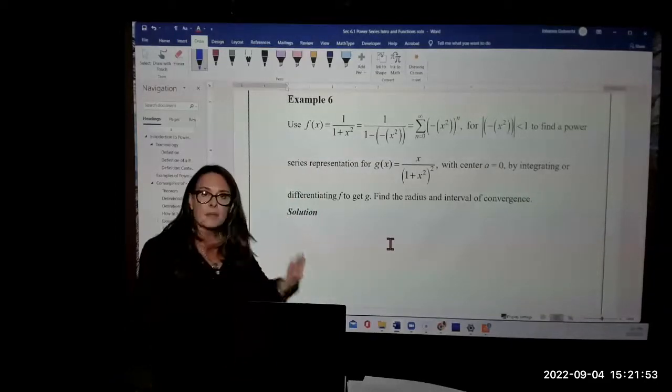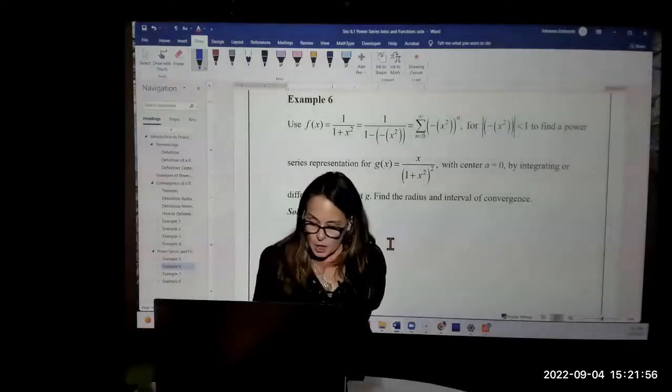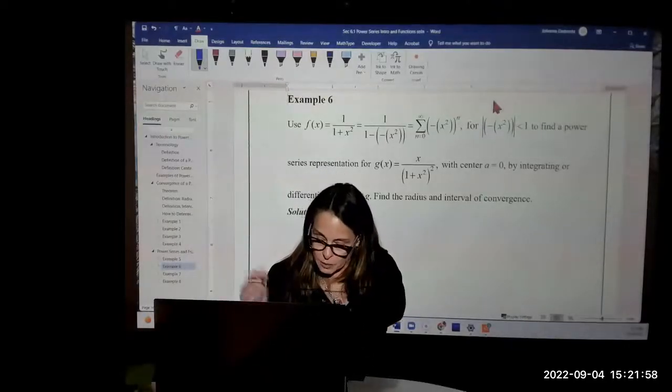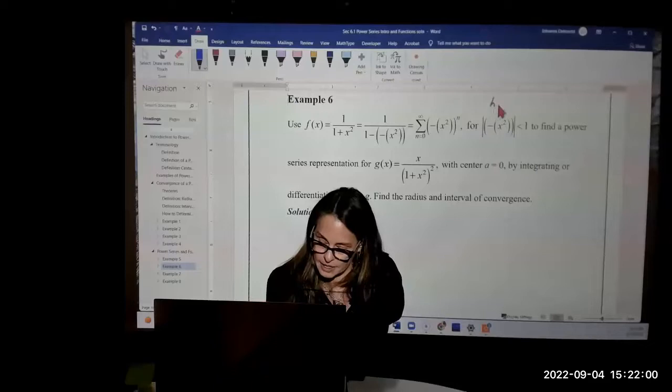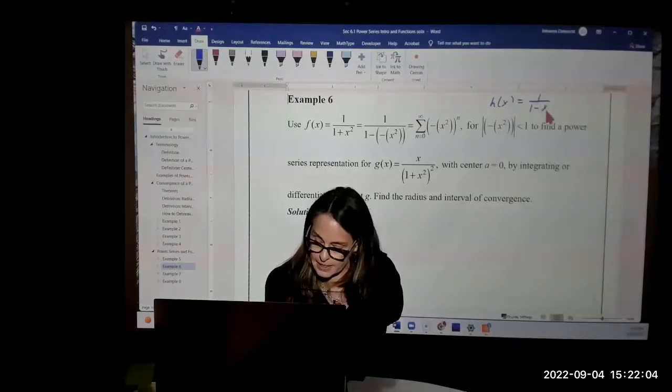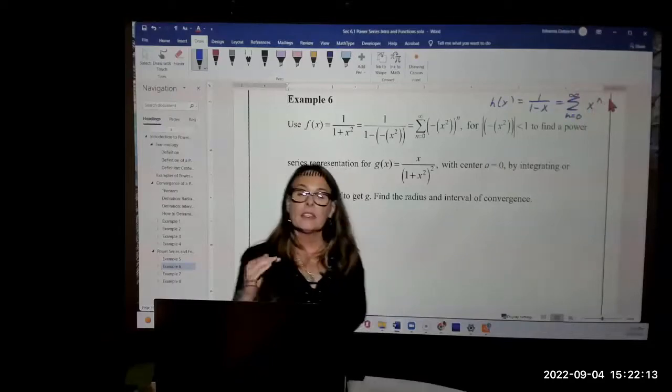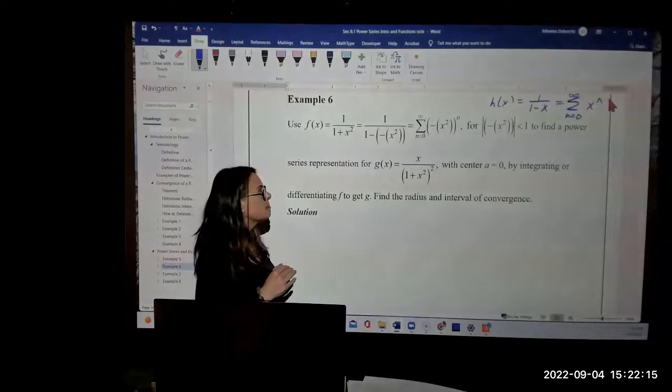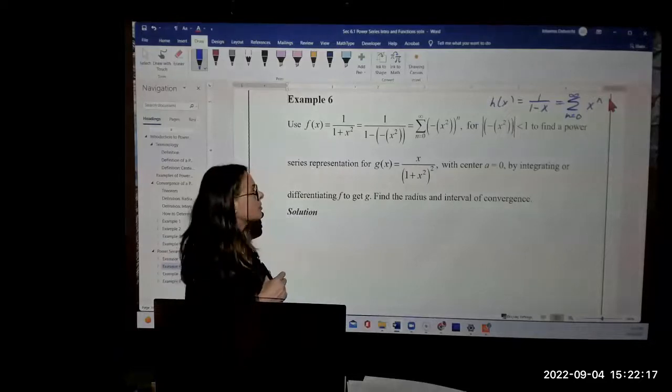So in order to make it match the geometric form, remember that ordinarily what I have is some h of x equal to 1 over 1 minus x equal to the series from 0 to infinity of x to the n, all right? That's the normal geometric series pattern, the normal power series pattern.